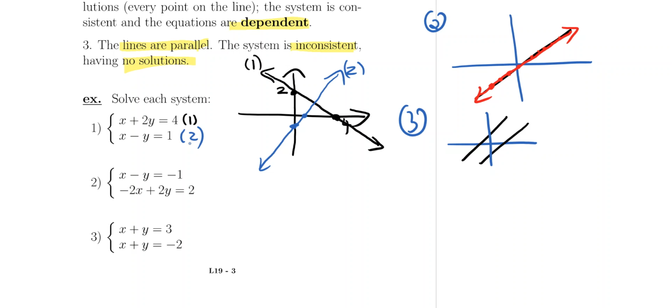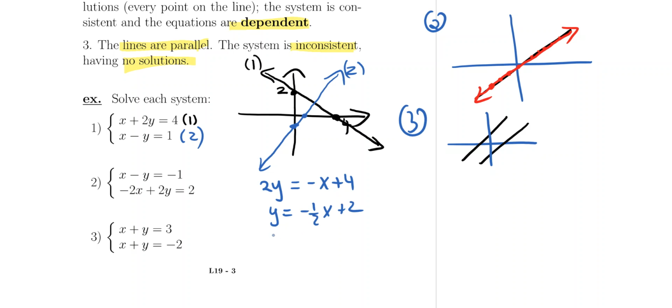And then you can kind of see the intersection point, but the intersection point is basically where these two are equal to each other. So let's just do it. If I solve for y in the first one, I'll have 2y = -x + 4. So y = -1/2 x + 2.